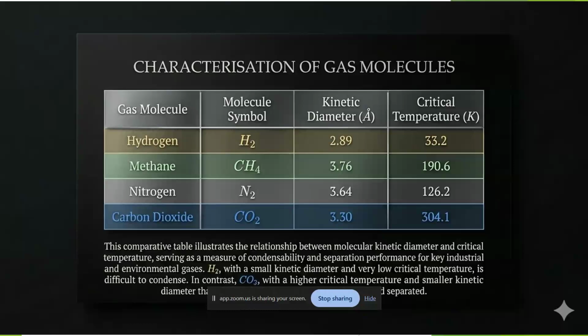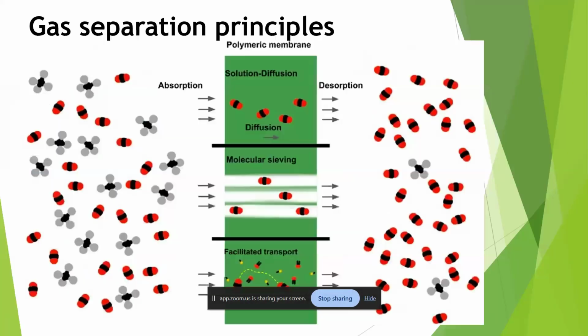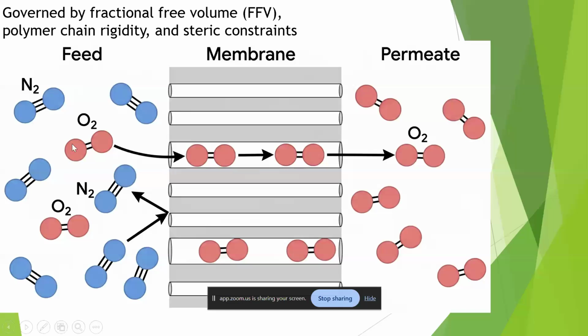If the free volume is in the range of 3 angstrom or 3.2 angstrom here, then the gases which are having higher kinetic diameter won't pass through, and the lower kinetic diameter will pass through. So that is the principle here, making use of free volume.